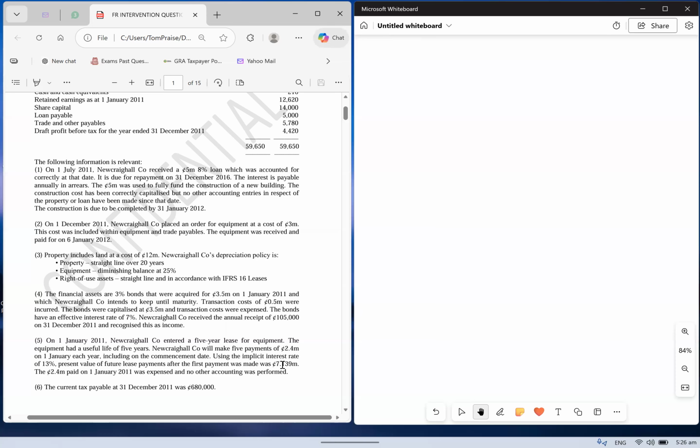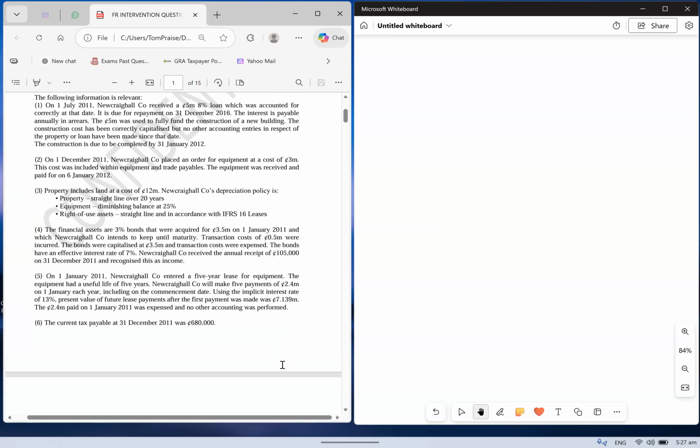Transaction costs of 0.5 million were incurred. The bonds were capitalized at 3.5 and the transaction cost was expensed. The bonds have an effective interest rate of 7%. New Craig Hall received an annual receipt of 105,000 on 31st December 2011 and recognized this as income.